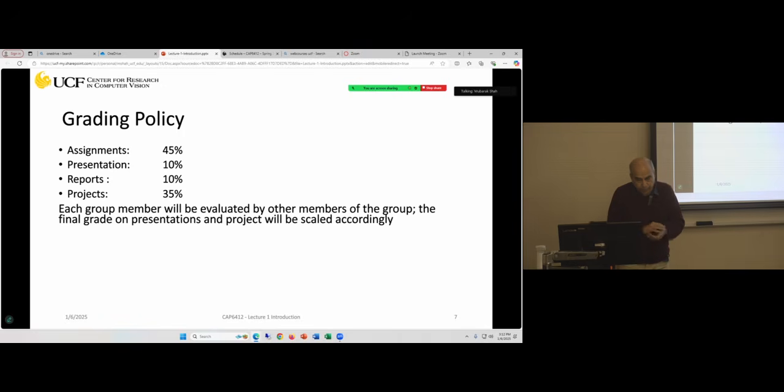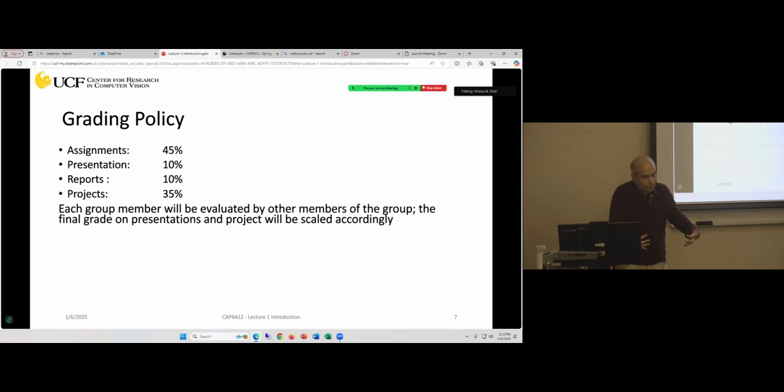Okay. So now in the past we have had complaints that in a group of say 4 or 5 students, maybe 1 or 2 students will do the work, but other students will not, and they say it's not fair. So what we have been doing is that all the members of the group will give a grade out of 100 to the other members.